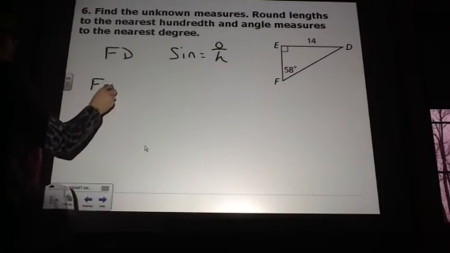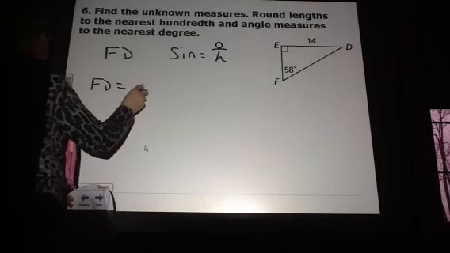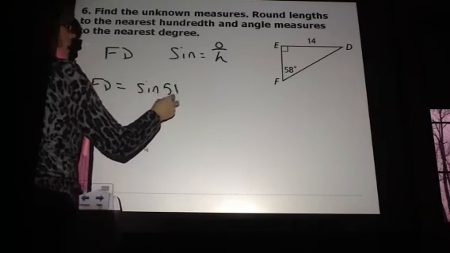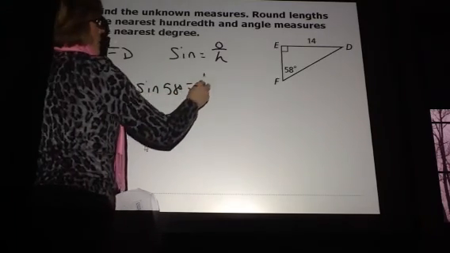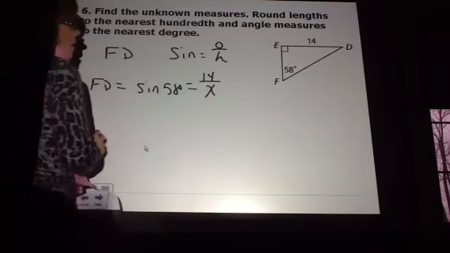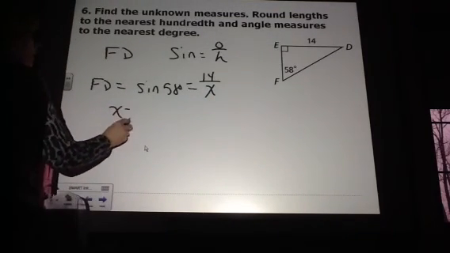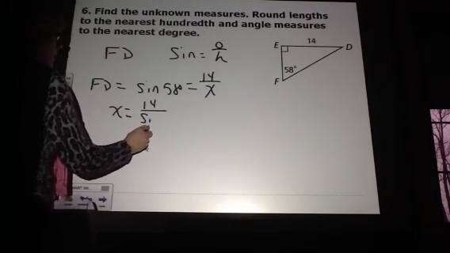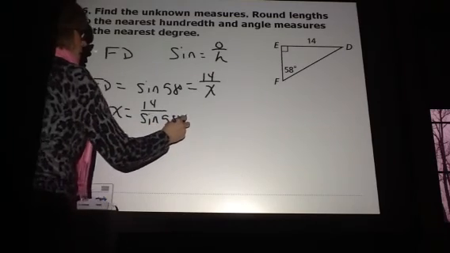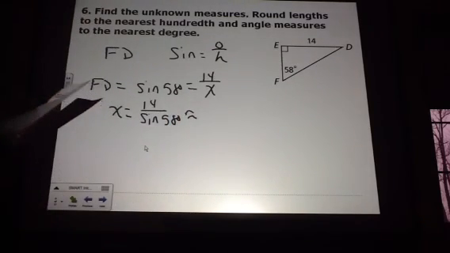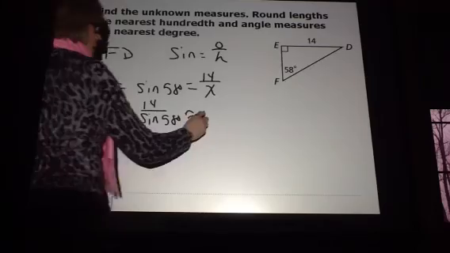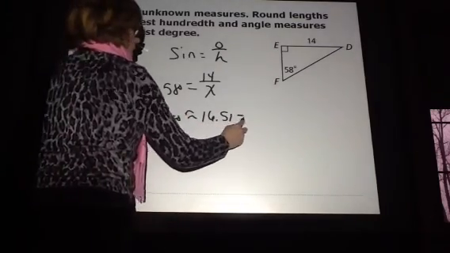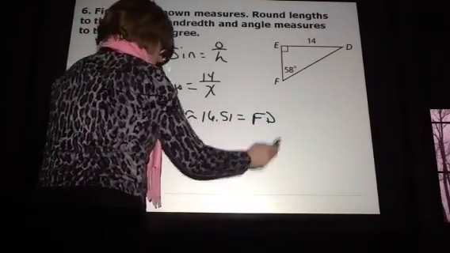So for FD, you can take the sine of 58 degrees equals opposite 14 over what we're solving for here. So x is going to be 14 divided by the sine of 58 degrees, which is approximately 16.51, and that is your FD.